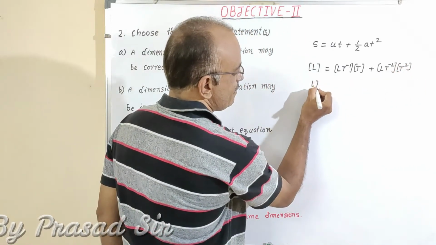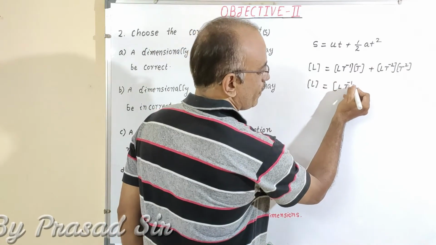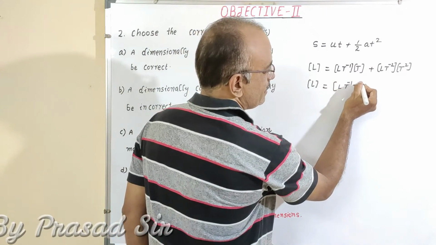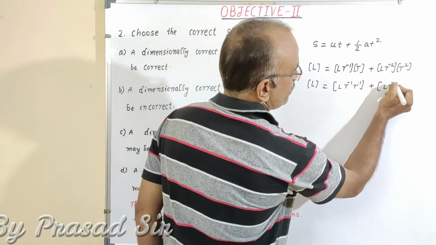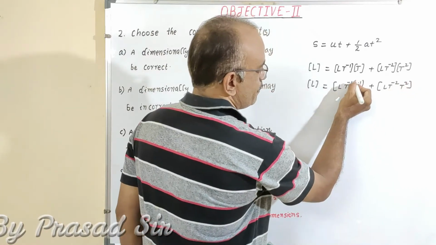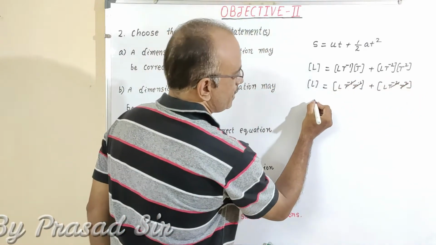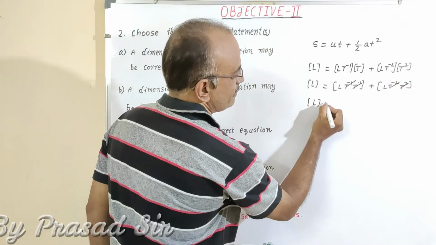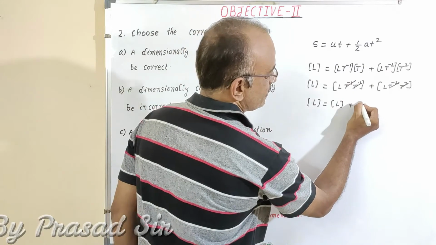So here L is equal to L T to the power of -1 and T to the power of 1, plus L T to the power of -2 and T square. Minus 1 plus 1, minus 2 plus 2. So the remaining is L is equal to L plus L.